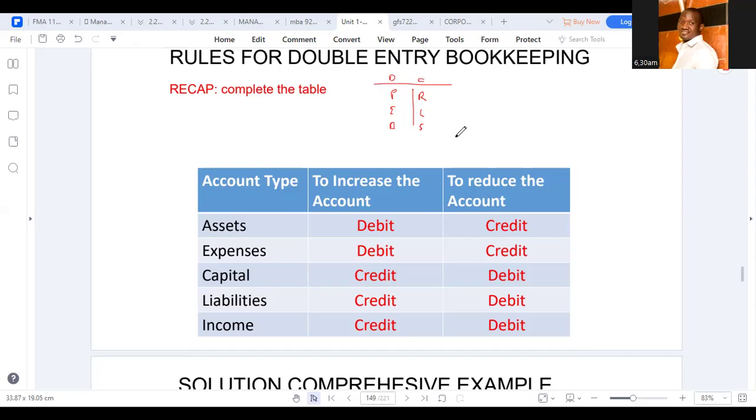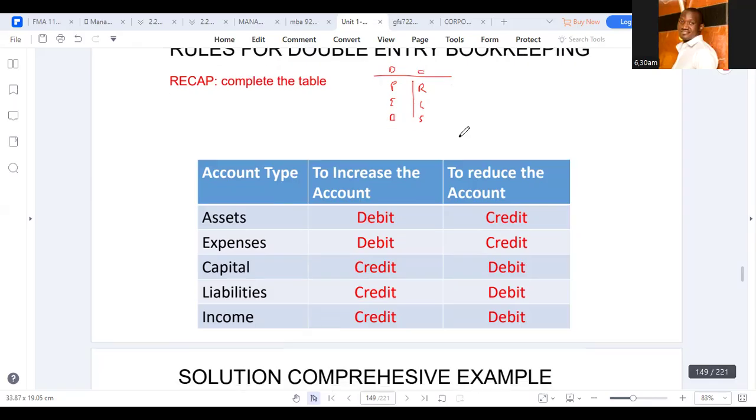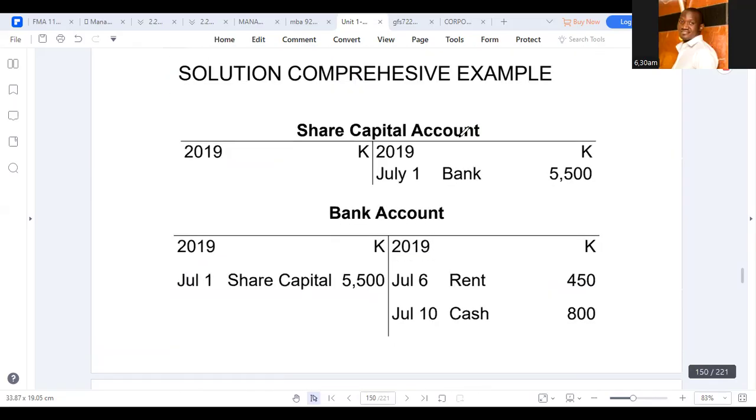So this is the principle we've been looking at. We had the ledger accounts that we did with the following solutions. So we need to now learn how to post these balances to the trial balance.